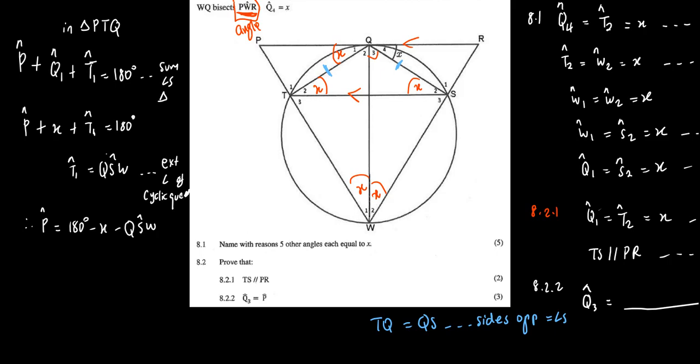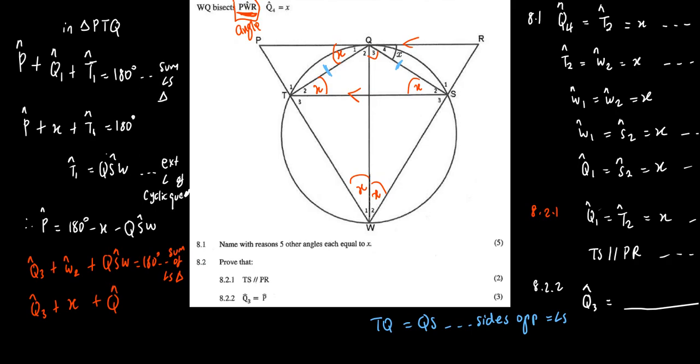Alright. Now I want you to check Q3. If I say Q3 plus angle W2 plus QSW, what is the answer that we get? 180. Oh, still the sum of angles in a triangle. W2, we know that it is X, right?